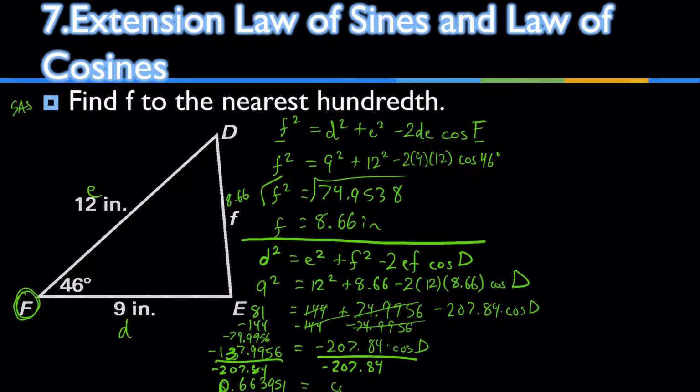All right, but now I'm looking for the angle. Oh, how do I find the angle? When I'm looking for an angle, I use the inverse. So inverse cosine of 0.663951 is about 48.4 degrees.